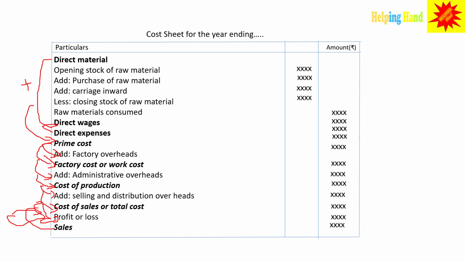So this is your basic cost sheet, a very simple and basic understanding of a cost sheet. There will be other adjustments. For example, they might state that there is work in progress. If work in progress is given, we take it under the factory overheads itself. So what we do is we add the opening balance of work in progress and subtract the closing balance of work in progress.